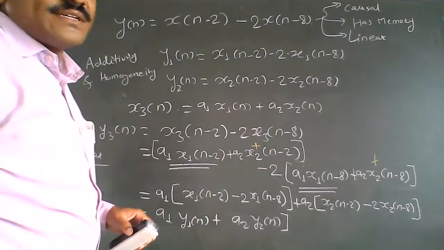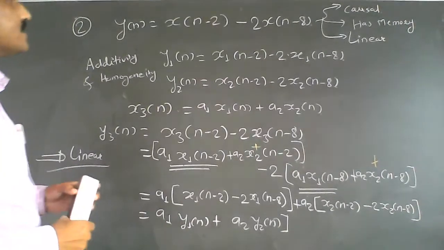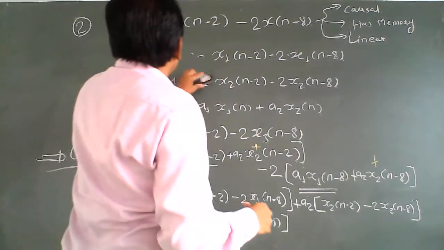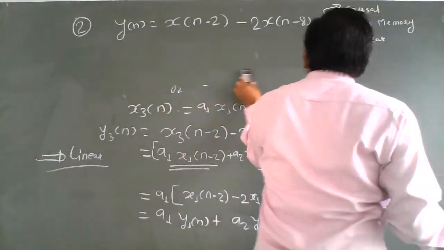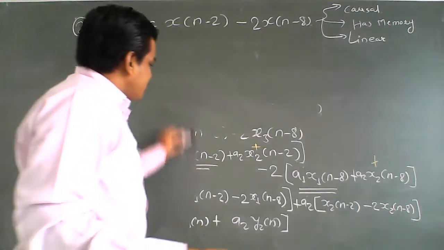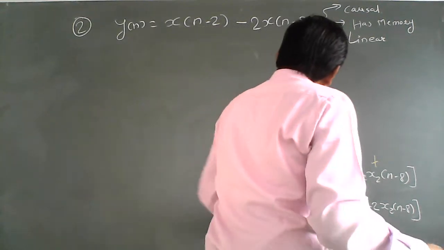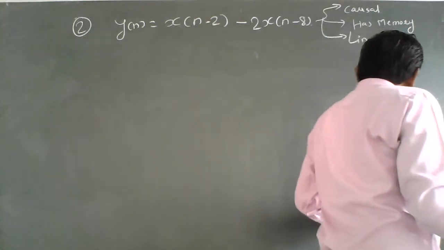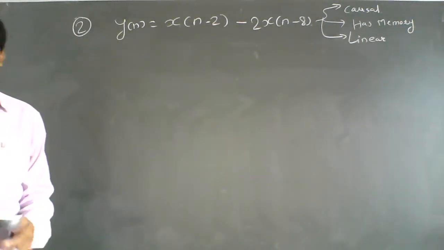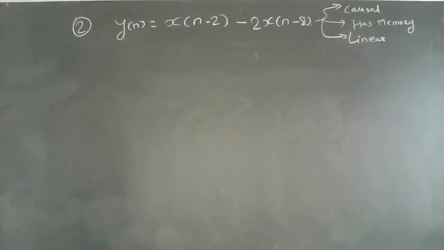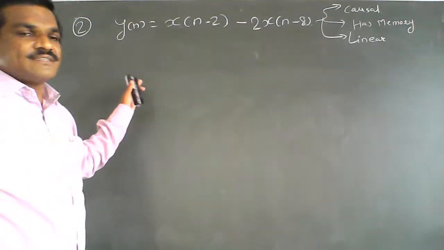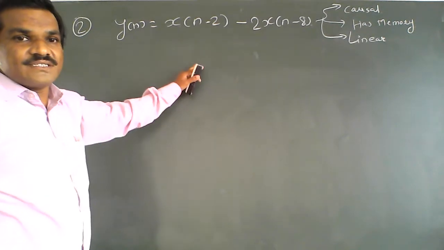Now what is remaining? Remaining is your stability property. In order to check whether the system is stable or not, if the system produces a bounded output for a bounded input, or you can say if a bounded input is given, it should produce a bounded output, then we call the system BIBO stable, or a stable system.